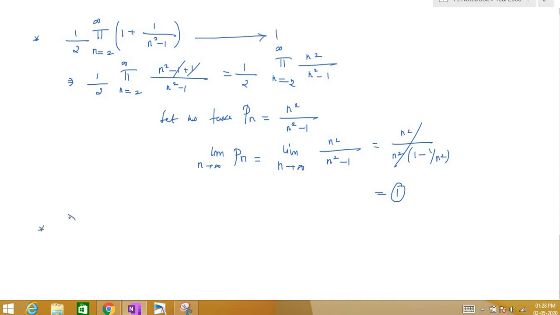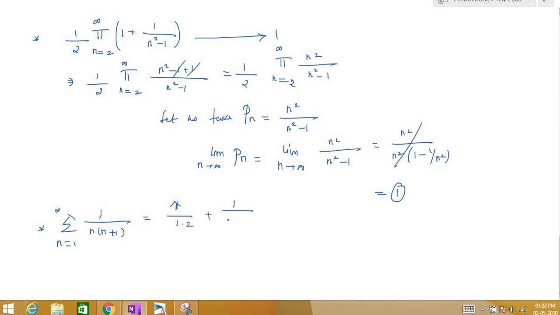What about the series summation 1 by n into n plus 1? Let us try to expand this, n is equal to 1 to infinity. If n is equal to 1, I'll have 1 by 1 into 2.